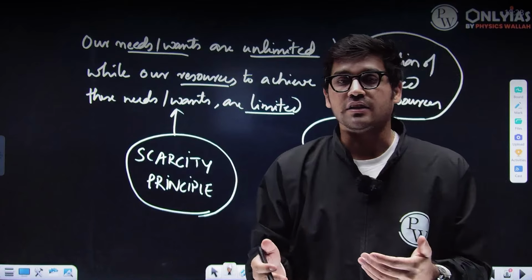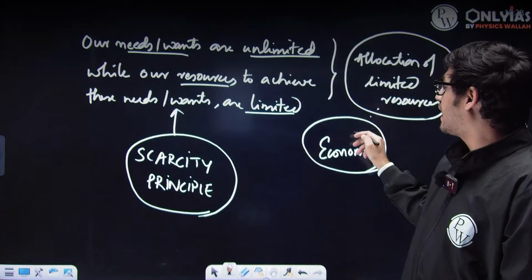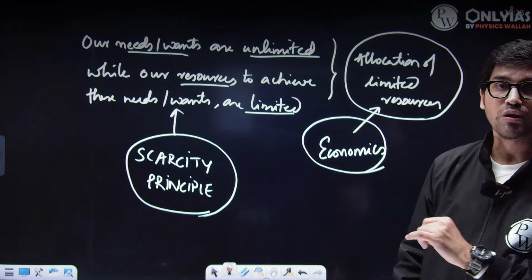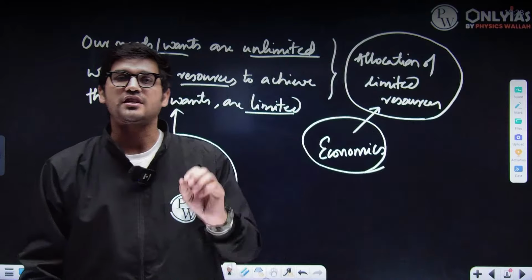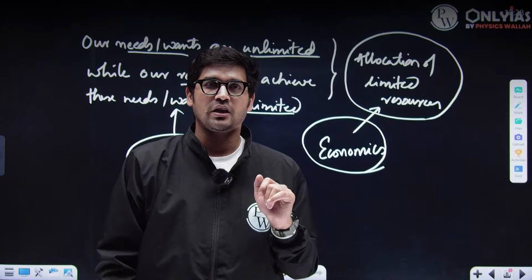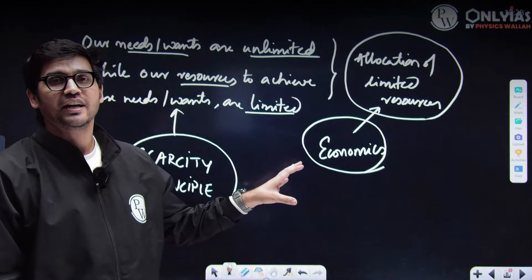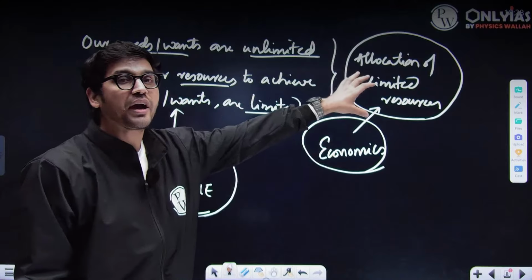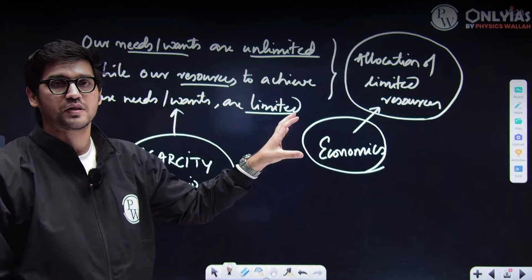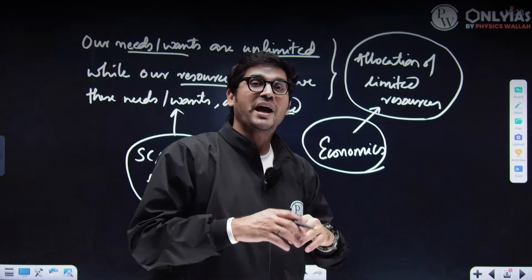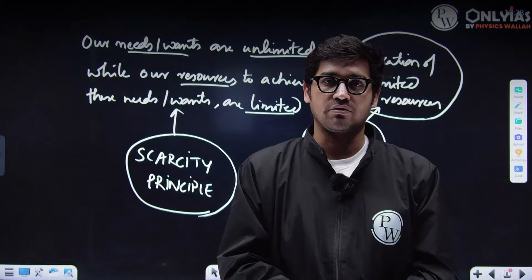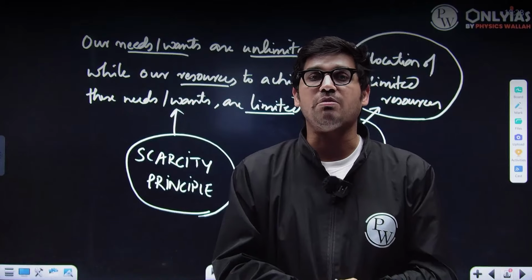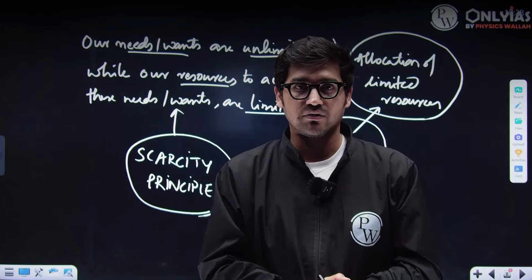The study of this scarcity is what is called economics. Economics, simply defined, is the study of scarcity. Economics, simply defined, is concerned with the allocation of our limited resources to achieve the maximum possible benefit for the maximum number of people. This is what the discipline is concerned with.